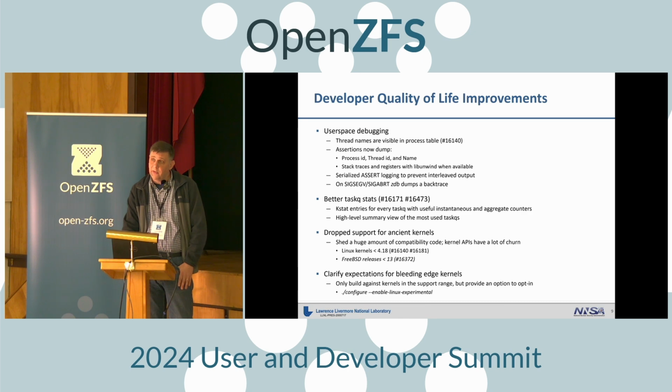Better task queue stats were part of that too. Previously, we did have kstats for the task queues, but in practice, they weren't very useful. Now you've got much more visibility into all of the task queues which ZFS is using internally. There's a kstat entry for each of them, with some high-level stats and some aggregate stats for its behavior, and a high-level summary of most of the unique, or most interesting, I should say, task queues in the system.